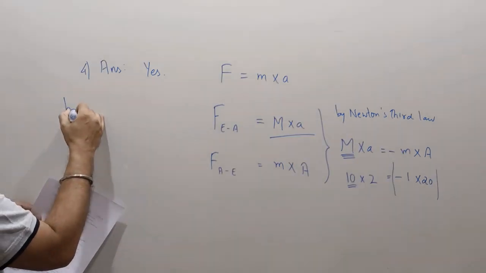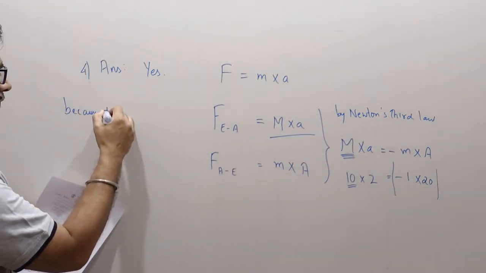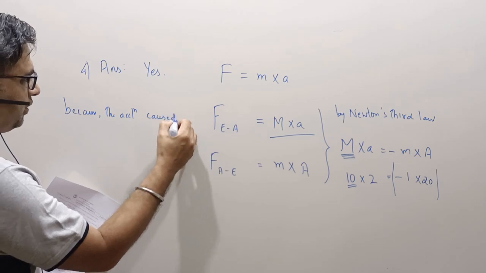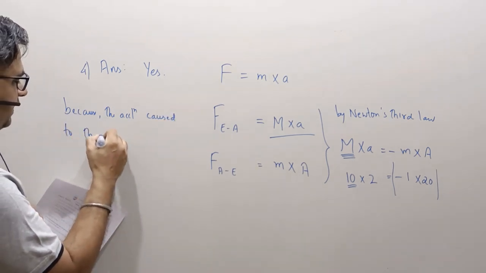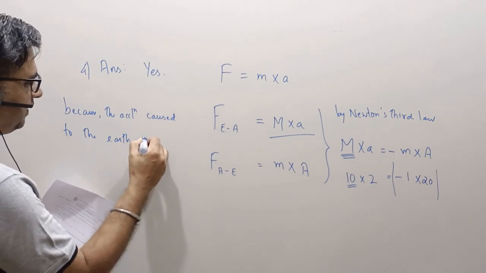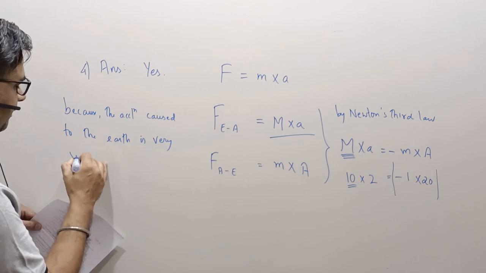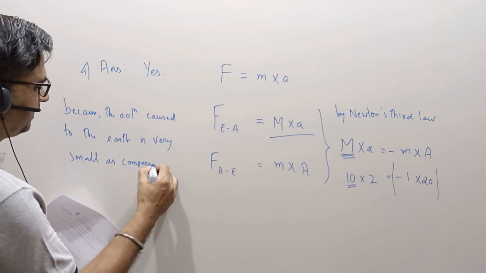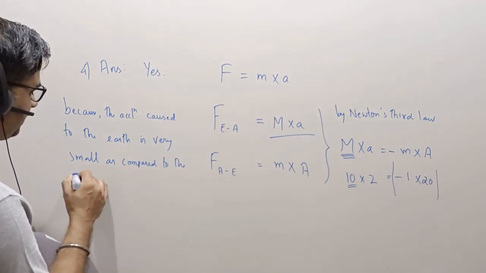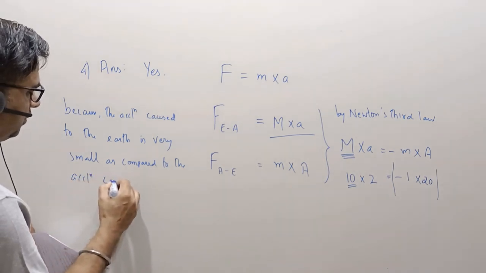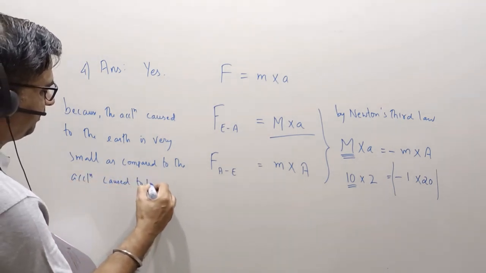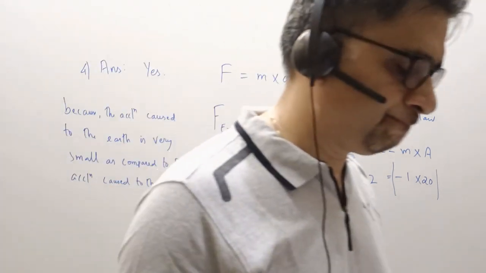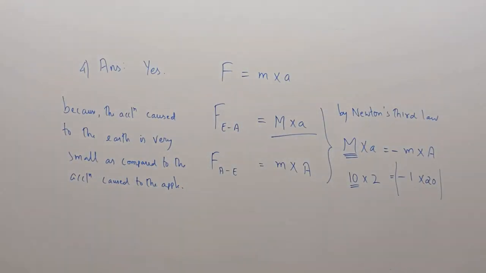That's because the acceleration caused to the earth is very small as compared to the acceleration caused to the apple. This answer will suffice.